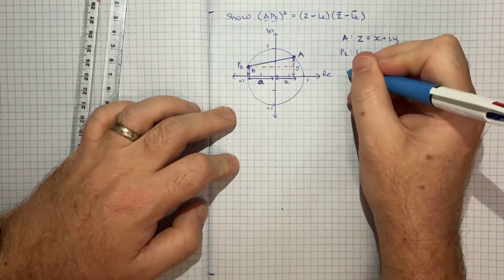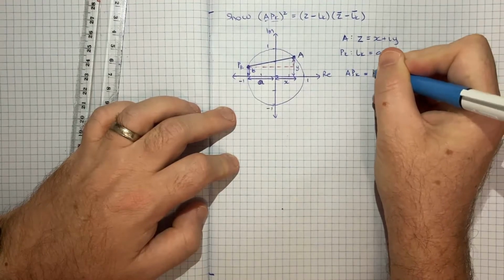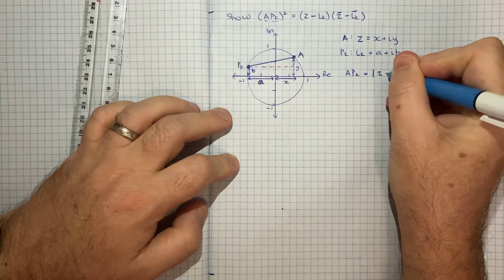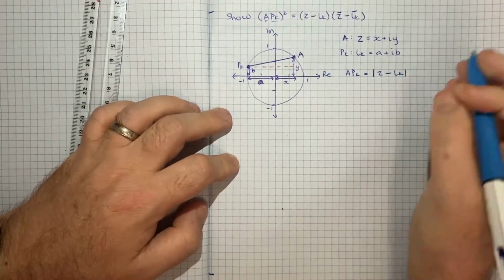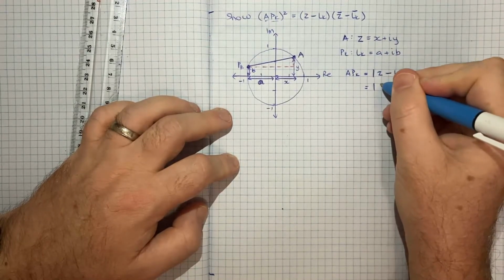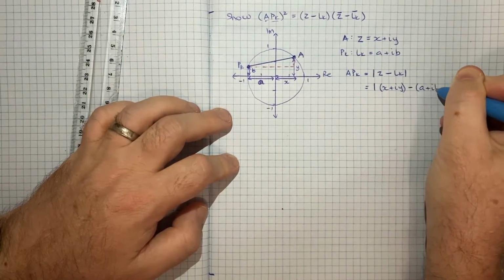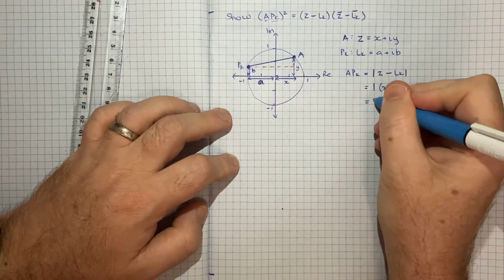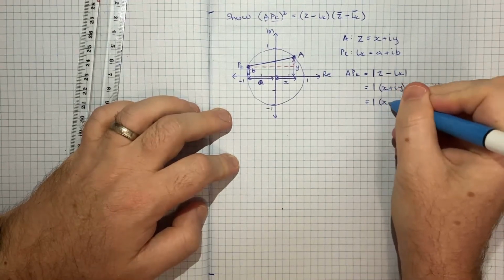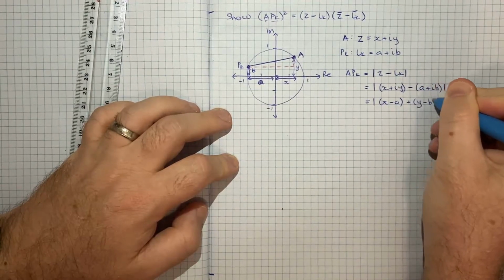If we think of the line APk, the distance between that, as the magnitude of Z minus Lk. And then if we insert our Z and Lk, that'll be the magnitude of x plus iy minus a plus ib. And then I'll just bring the real and imaginary parts together. So we'll get x minus a plus y minus b i.